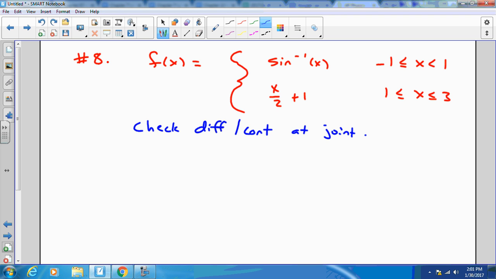And I'm going to do those in a slightly different order than I did in the previous one. In the previous one, I could take the derivative and use the derivative to prove continuity, right? But when it comes to piecewise functions defined at the joint, I find that continuity is easier to check first. Okay? So let's start with just the pieces themselves. Let's consider f of x equals inverse sine x.